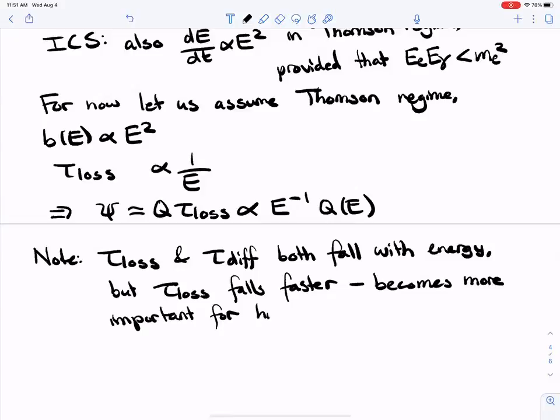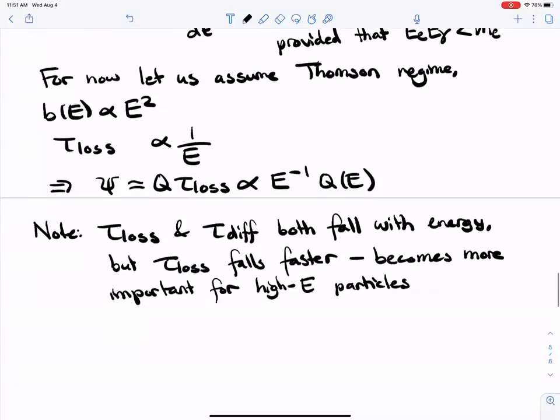So what we expect for high energy electrons is that at low energies, they might be diffusion dominated, but at high energies, it's eventually going to become cooling or loss dominated. And at that point, we expect to see a change in the slope of the spectrum.